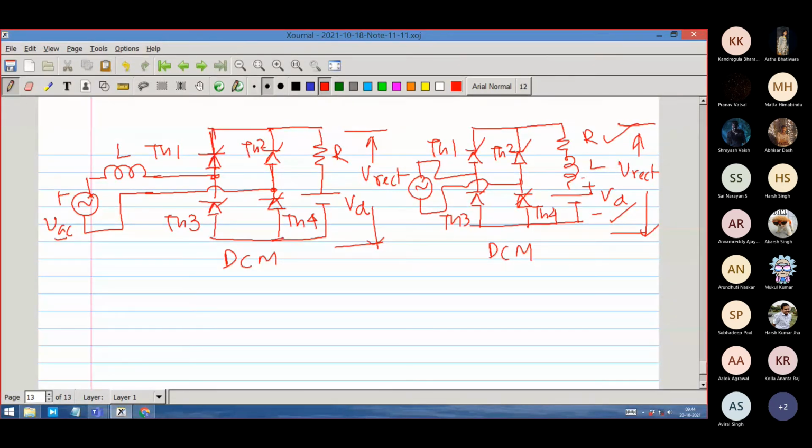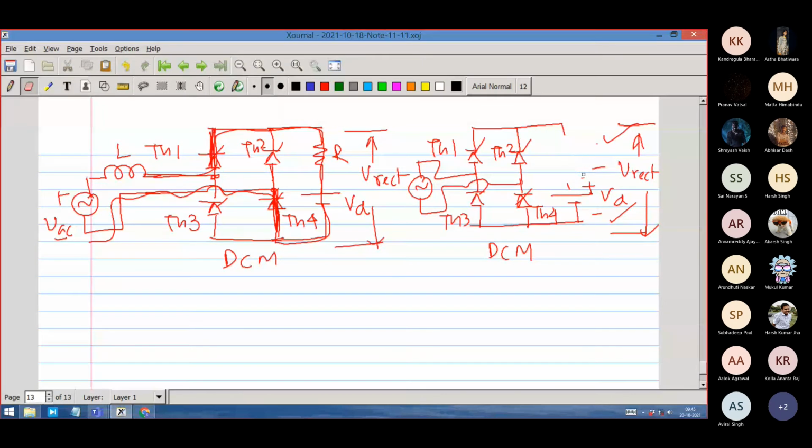The moment TH1 and TH4 are on, the circuit is identical, no? This supply source, L, R, VD. The only thing is that V rectifier at this moment you are tapping from just R and VD. Let me put the L there, so the comparison will be easy.